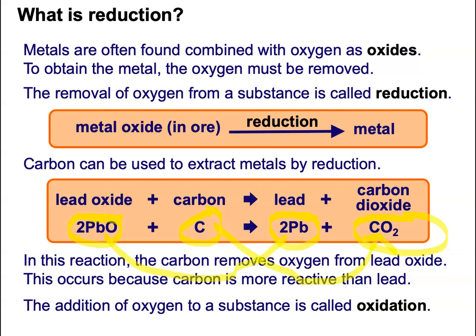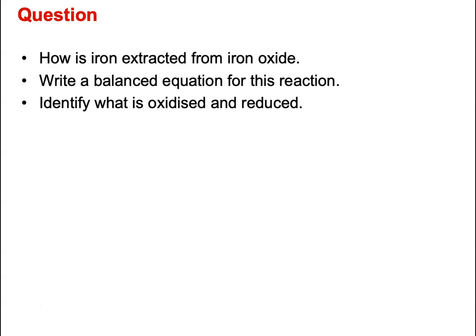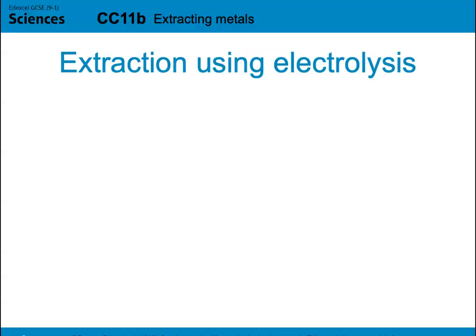Carbon became carbon dioxide, so carbon is oxidized. Lead oxide became lead, so lead oxide is reduced. Question: how is iron extracted from iron oxide? Write a balanced equation for this reaction and identify what is oxidized and reduced. Again, it's a question for yourselves to attempt.